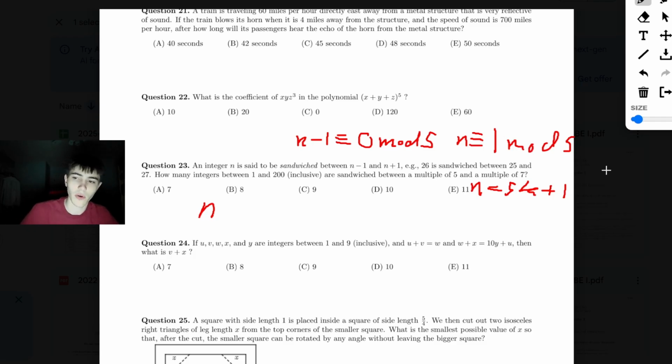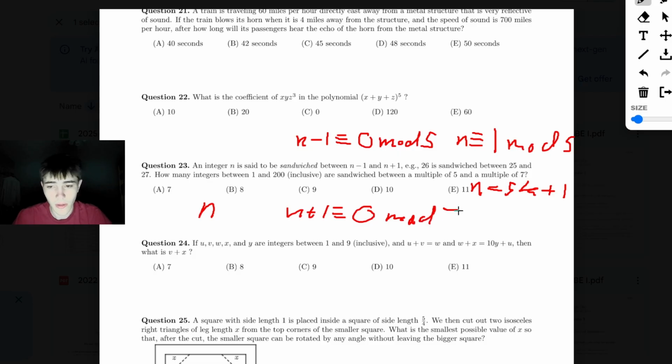Okay, cool. And then we also know that n plus 1 is congruent to 0 mod 7. Okay? And then notice that if we ever have a multiple of 7 and we add it to something in this situation right here, then that's going to be the same as adding 0, right?